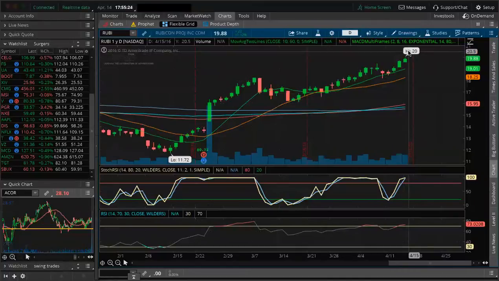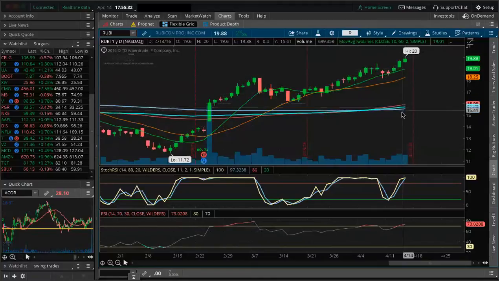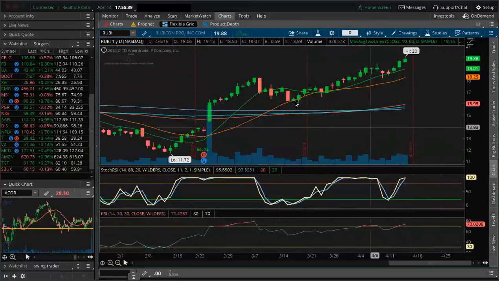But if this wasn't at 52-week highs and you were looking at some sort of gap up, when you see all the moving averages stacked like this, that's pure perfection. That's why it's called the Steph Curry moving average pattern. It can't get any better than that. It's as bullish as it can get.